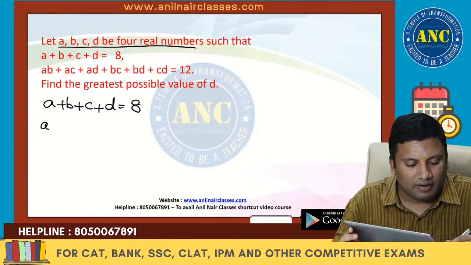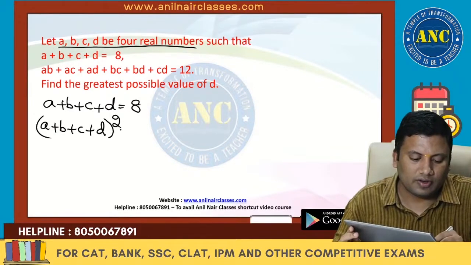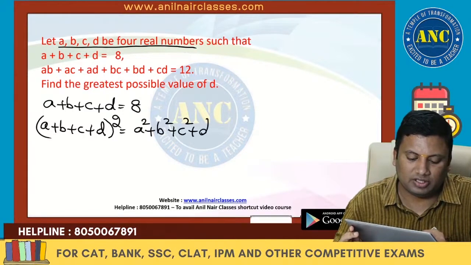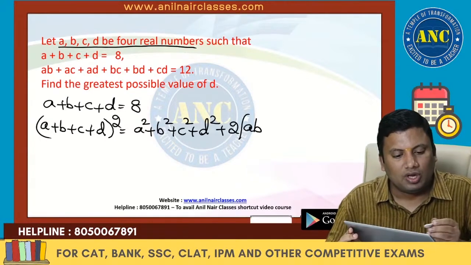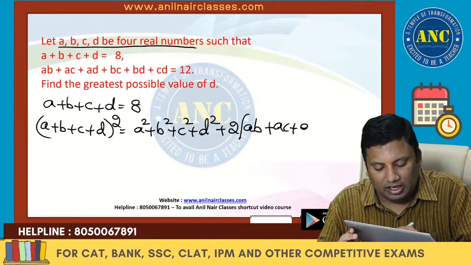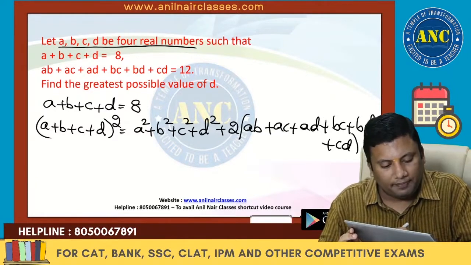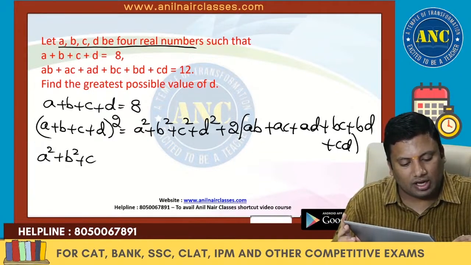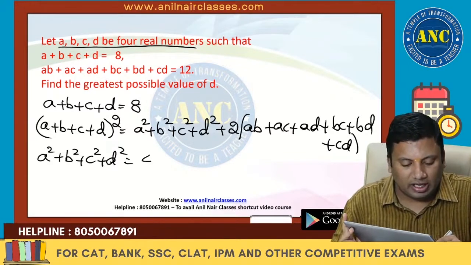So I will do A plus B plus C plus D whole square, which is A square plus B square plus C square plus D square plus 2 into the entire combinations of 2. 4 variables are there, 4C2, 6 combinations: AB, AC, AD, BC, BD and CD. These are nothing but A square plus B square plus C square plus D square, which is 64 minus 24, 40.